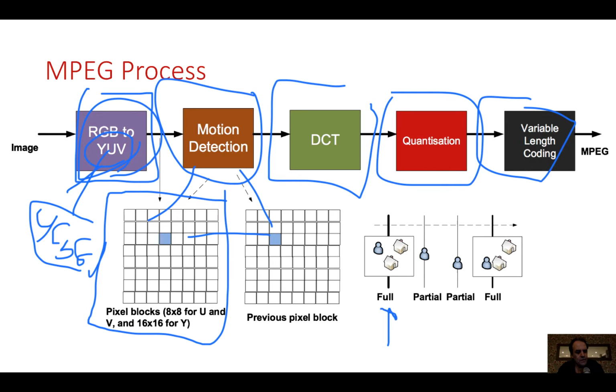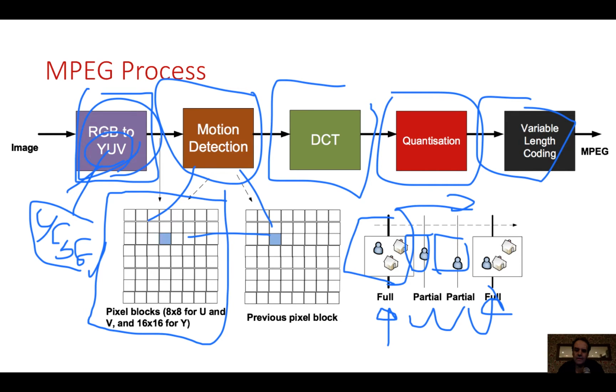What we often do is transmit a full image, and then in the next few frames we transmit a partial image, and then we might transmit a full image again. This allows us to keep the streaming rate or the file size down greatly, as we just have to transmit a full image every so often.